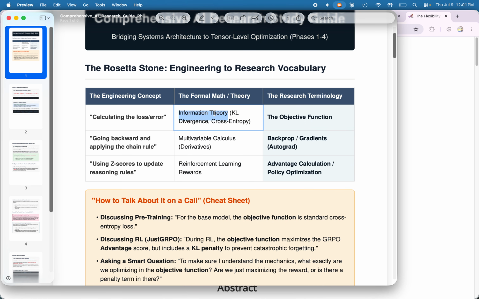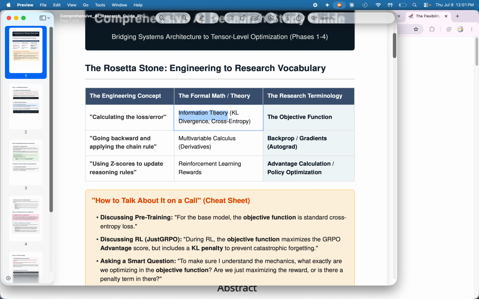Whenever they say information theory, it includes KL divergence, to reduce overfitting, meaning not to update the weights so much that the new weights deviate too far from the original weights, and cross entropy for the error.